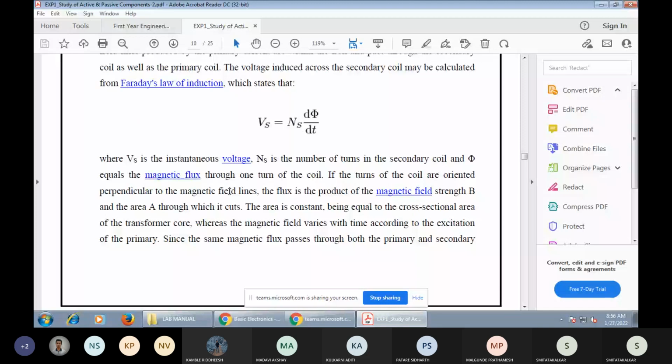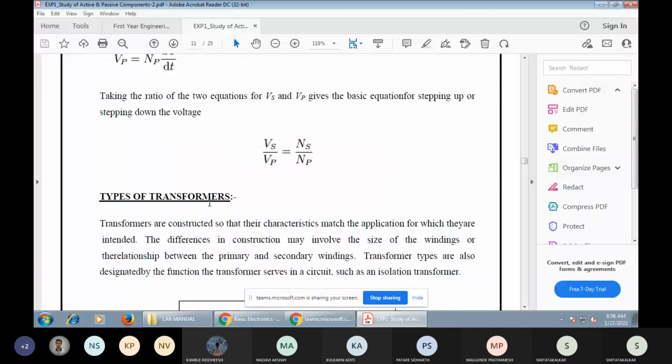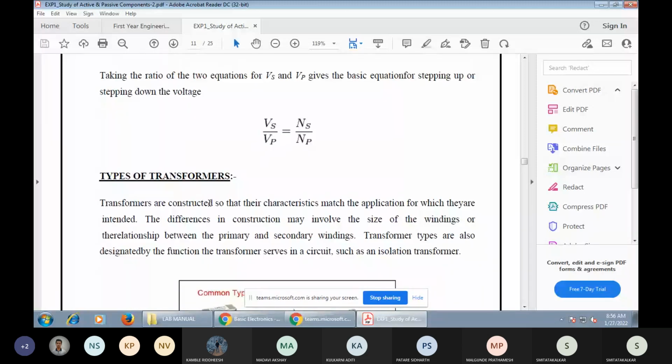And here you can see the equation: secondary voltage V_S divided by primary voltage V_P is equal to the number of turns in the secondary divided by the number of turns in the primary. It is the ratio of the secondary voltage and the primary voltage.